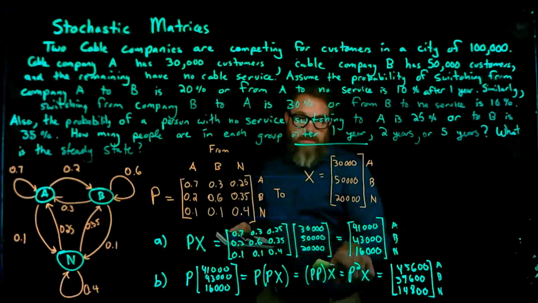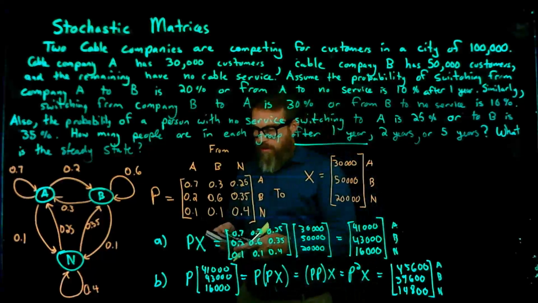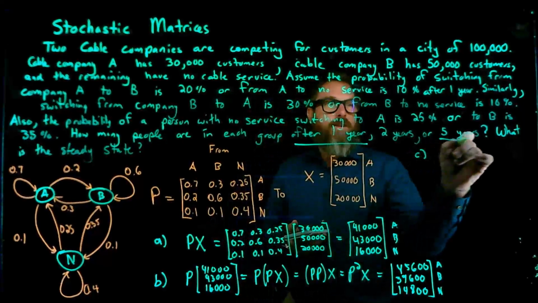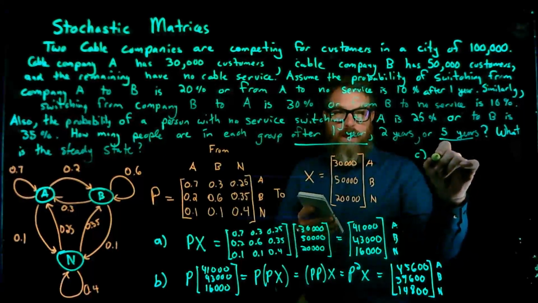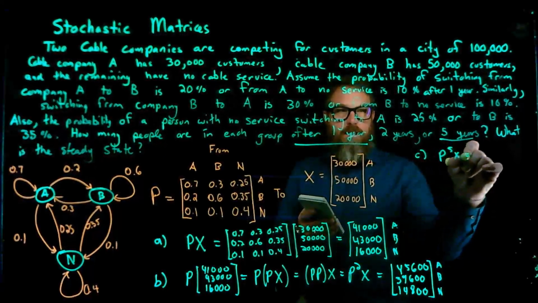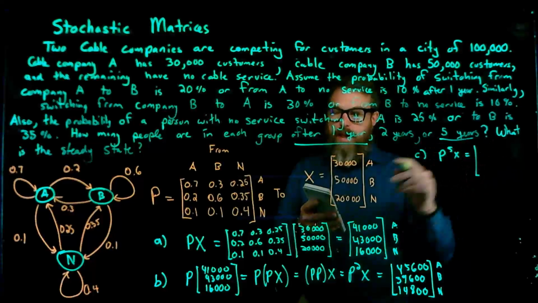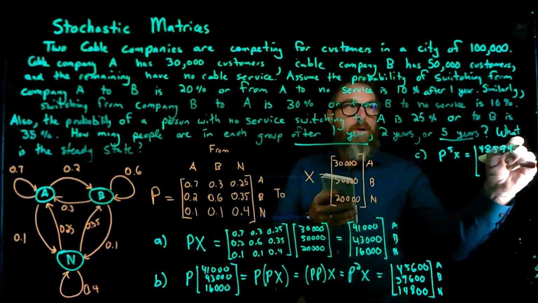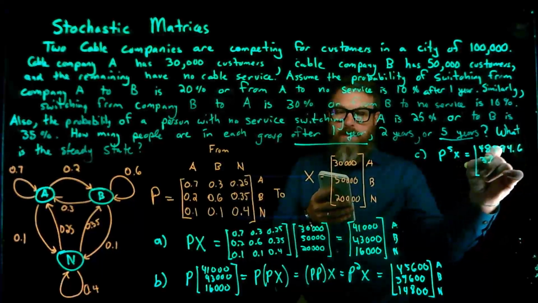After 5 years, that power just becomes a 5. So I'm going to change that power to a 5. So let's say C, after 5 years, we're going to have P to the 5th x is going to be equal to, it's round. I'm not going to round, but we'll talk about what the answer a book would likely want, or what makes sense to us.